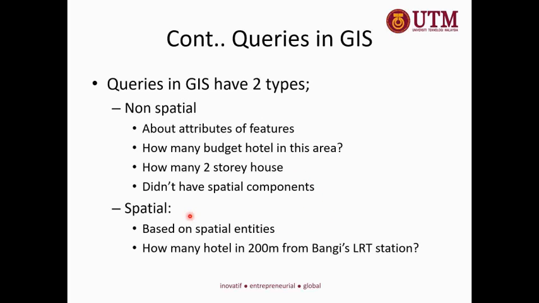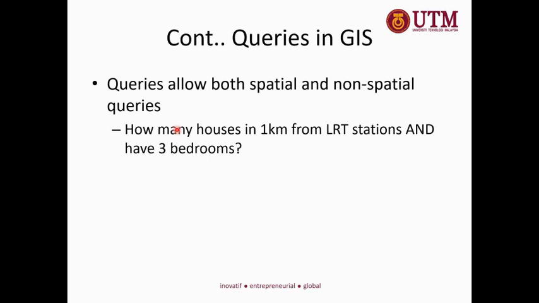If you combine it with the spatial element, we can ask how many hotels, for example, are 200 meters from Bangi LRT station or from UTM. We want to find the nearest restaurant, maybe around 2 kilometers from UTM. So it will have some spatial element. Queries also allow both spatial and non-spatial queries.